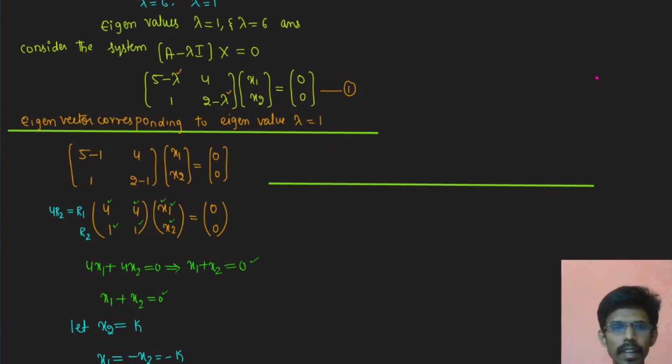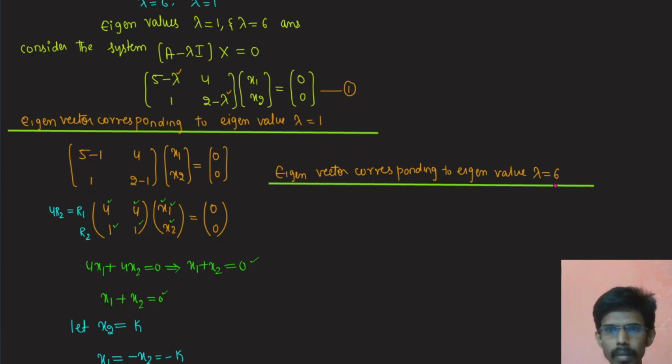now we get the eigenvector corresponding to eigenvalue lambda equal to 6.